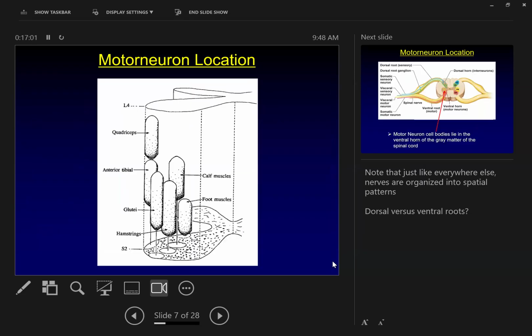Okay? We visualize motor neurons as existing in these kinds of tubes, if you will, like a cone or a cylinder where they're all going to be stacked up together. Okay? And so you can see like my quads are here, the TA is going to be here, my glutes are here, right? There's some calf muscles. I'm moving from L4 down to S2.